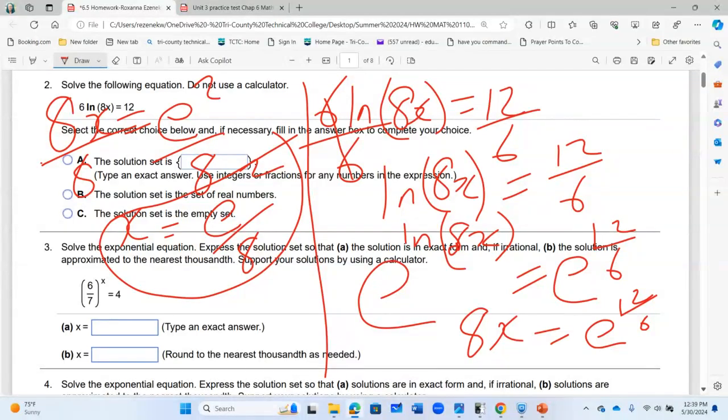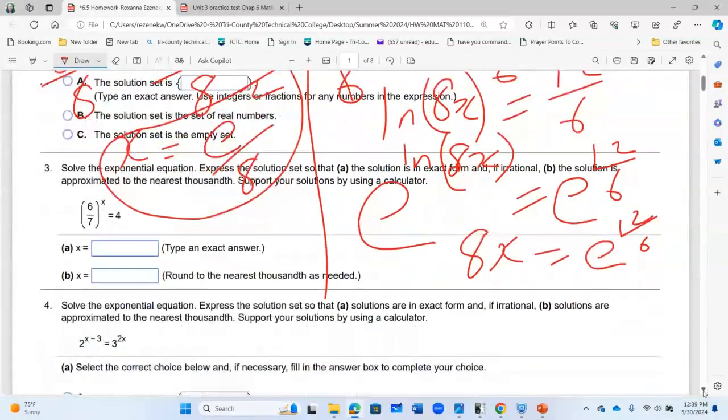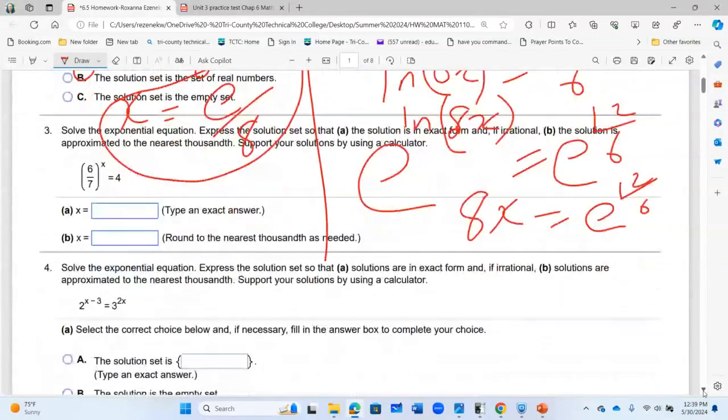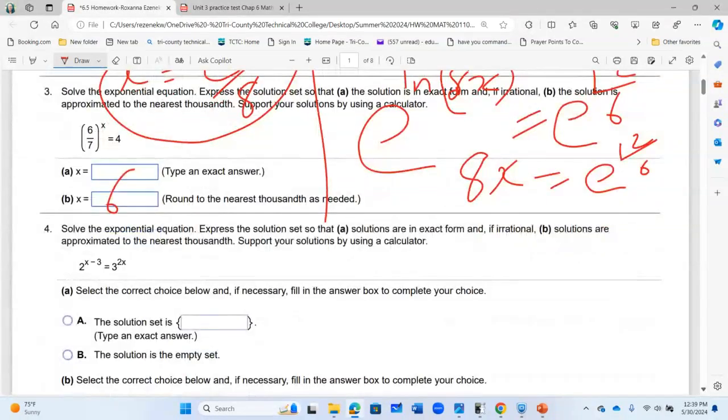Number 3. The bases are not equal again. I have 6 over 7 to the power x is equal to 4.